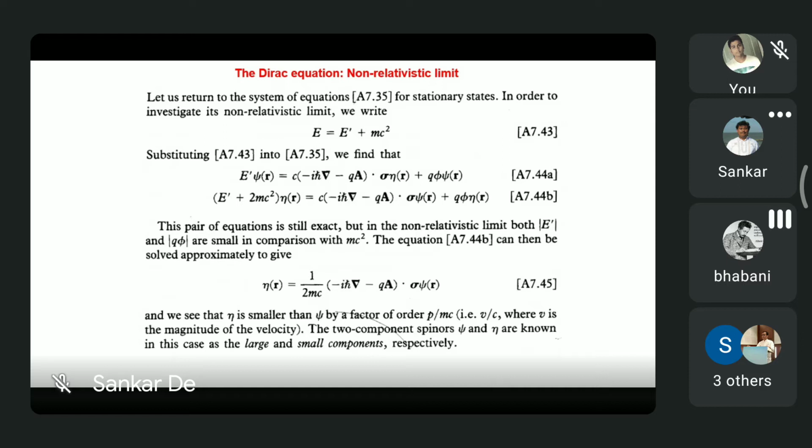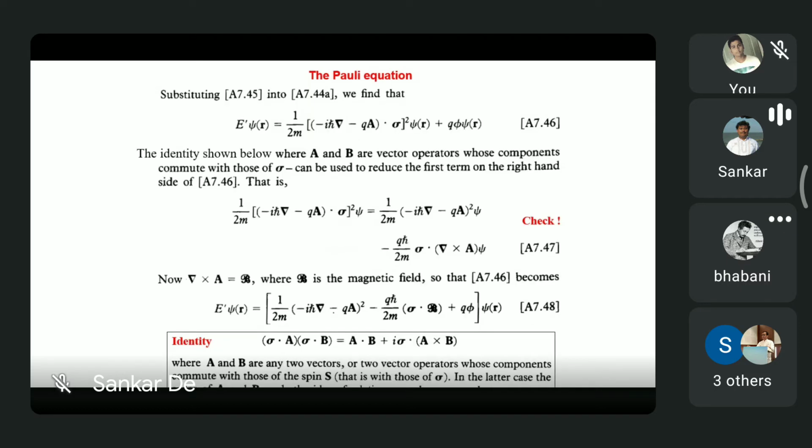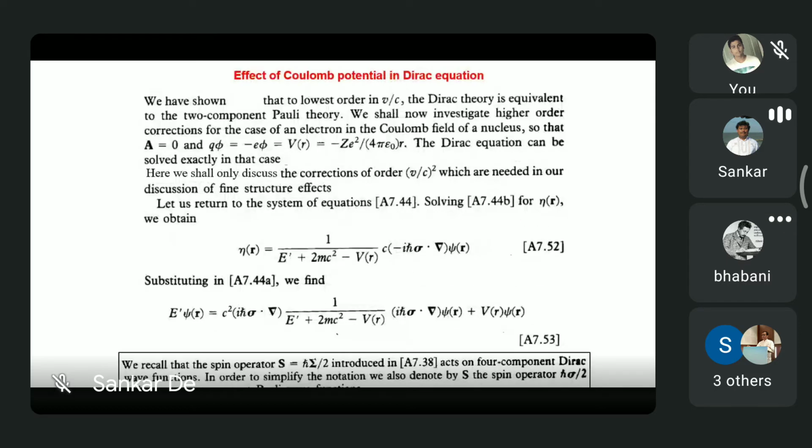Now just check whether you reach here or not. It's probably just a little bit of rearrangement.